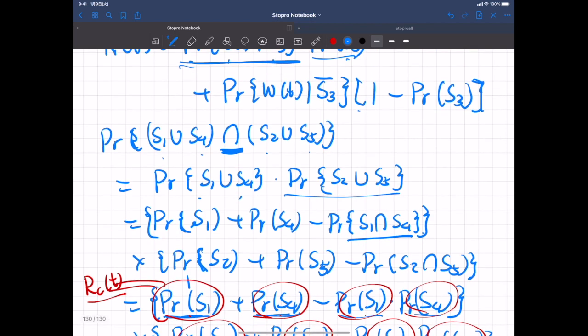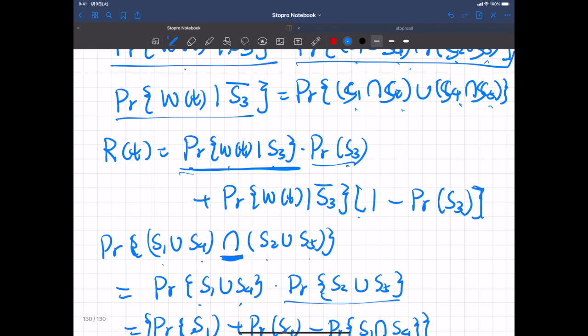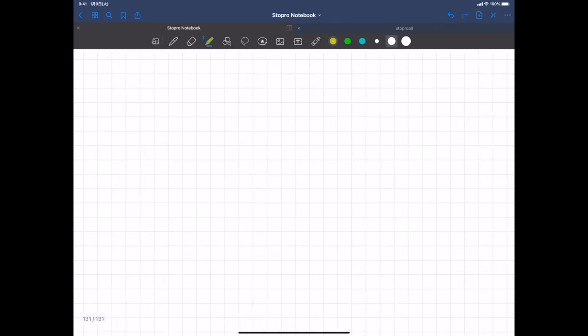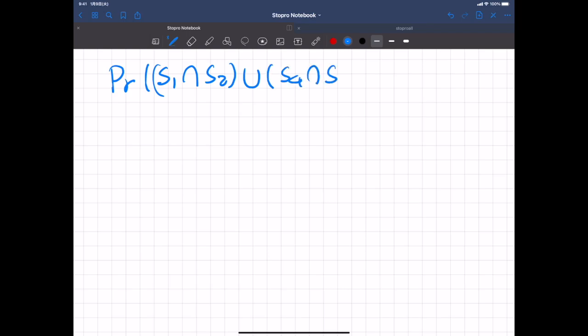And for this part, let's consider this probability, that is this one, S1 and S2, or S4 and S5. So let's calculate that. So probability of S1 and S2, or S4 and S5.